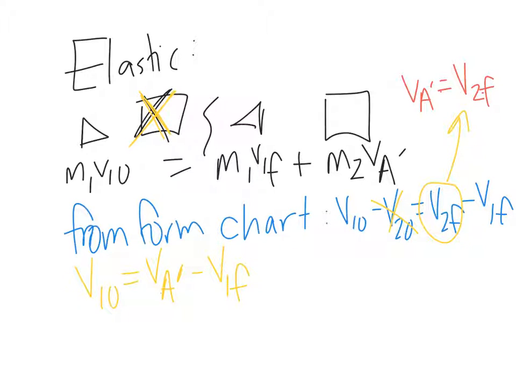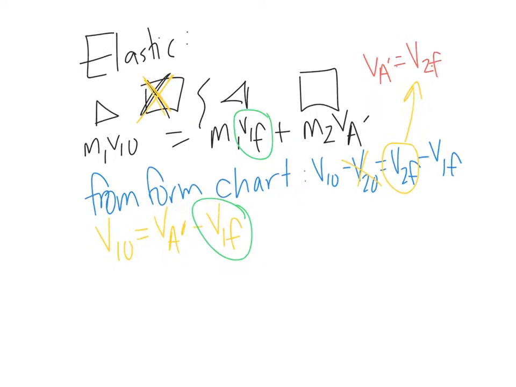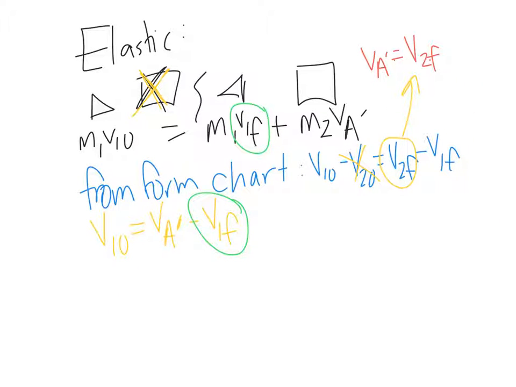Once I'm here, I want to essentially solve for this so that I can replace it here. So when I do that, I'm going to subtract this to move it over.